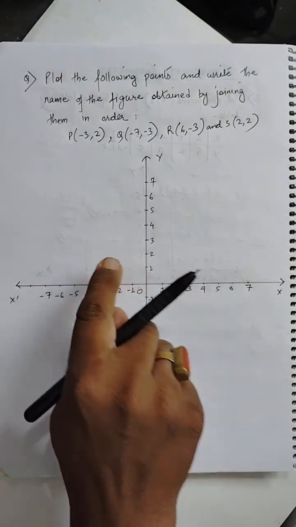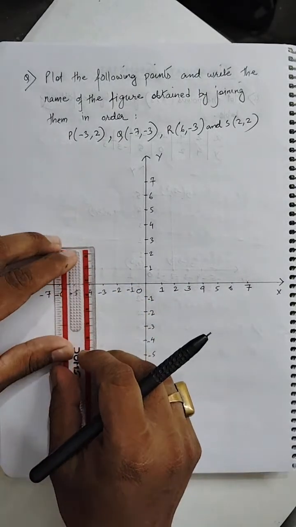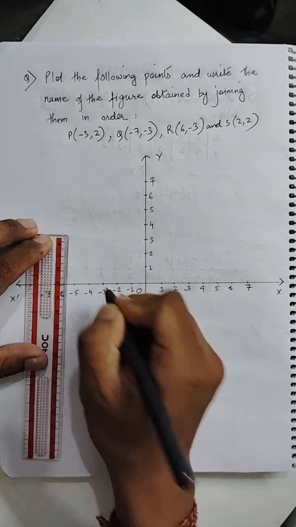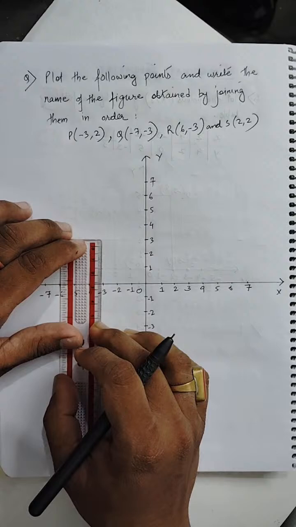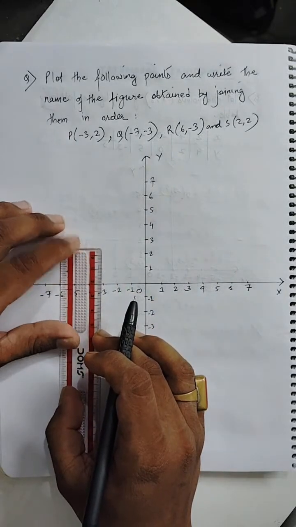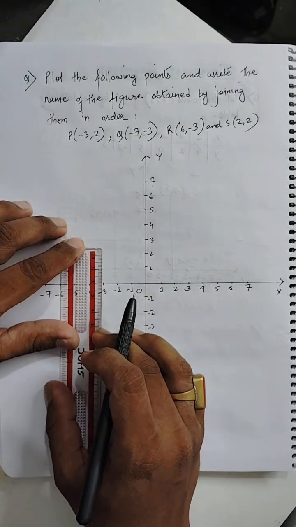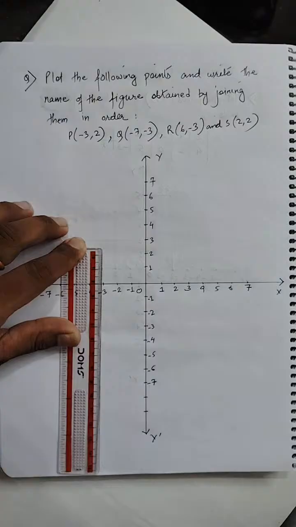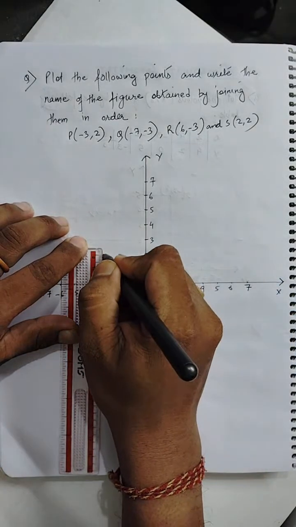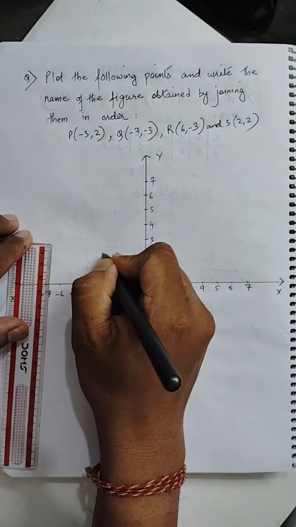So this point will lie on the second quadrant. Okay, so very carefully. So this is x minus 3. So we'll place the ruler here, and then y is towards 2.